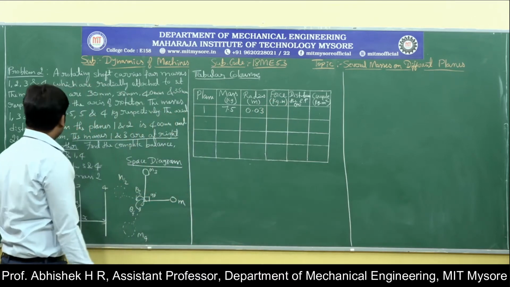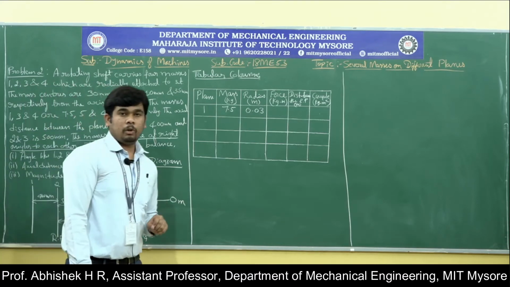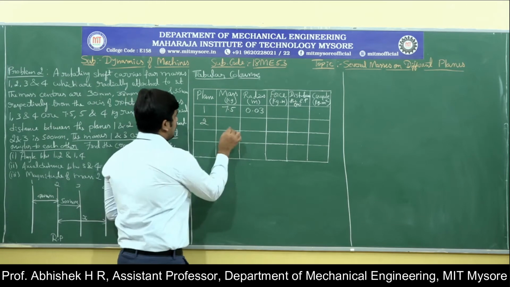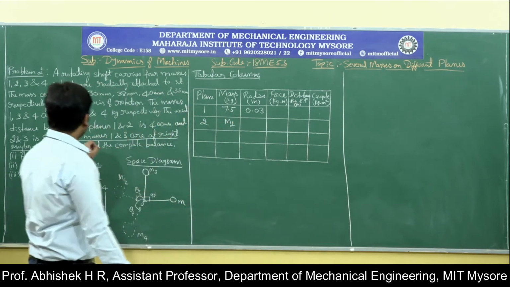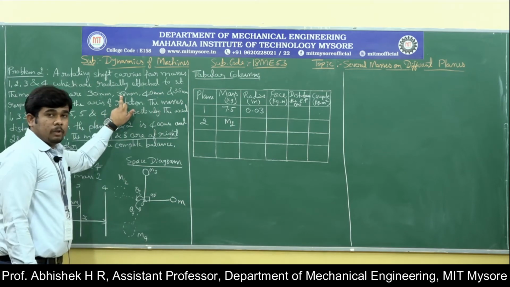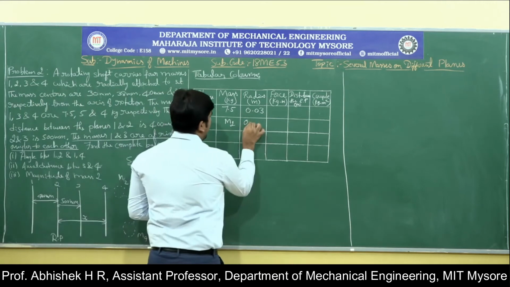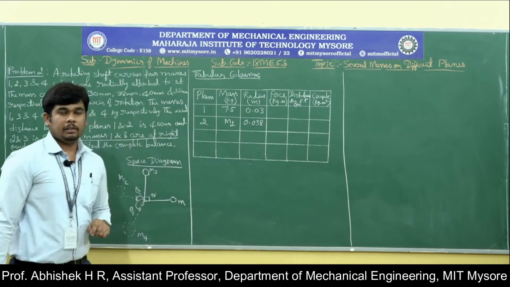Then we have the second plane. They have not given the mass for the second plane, so I will just consider it as m2, but they have given the radius of rotation for plane 2, that is 38 mm, so it will be 0.038 meter.